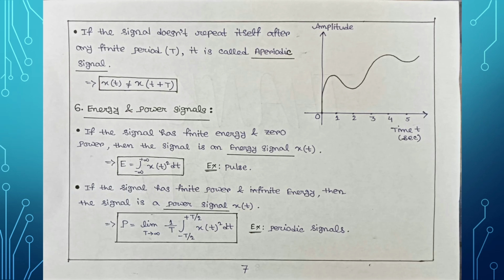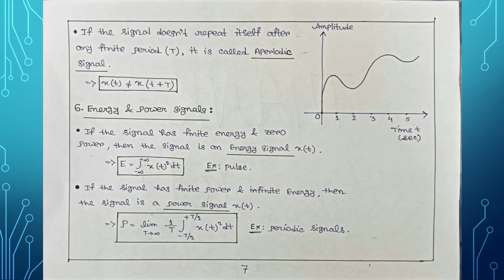The formula will be energy E equals integration from minus infinity to plus infinity of x of t squared dt. One example of an energy signal will be a pulse.